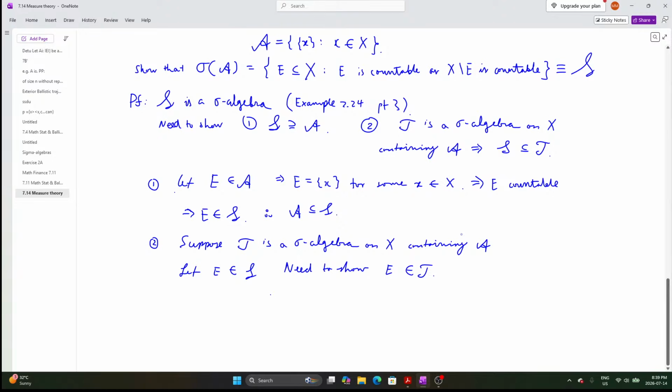T is a sigma algebra that contains A. S is a sigma algebra that contains A. Yeah, as we said, therefore S is a sigma algebra. Why is this the smallest?